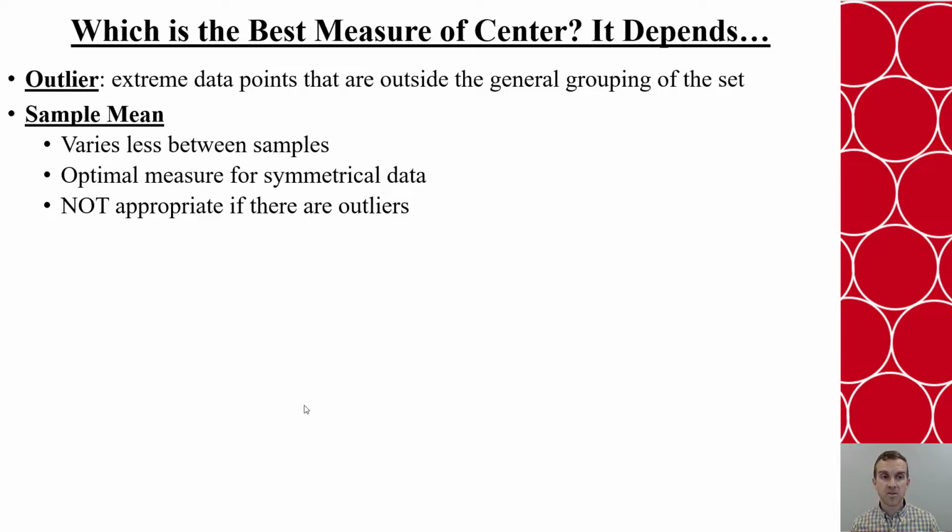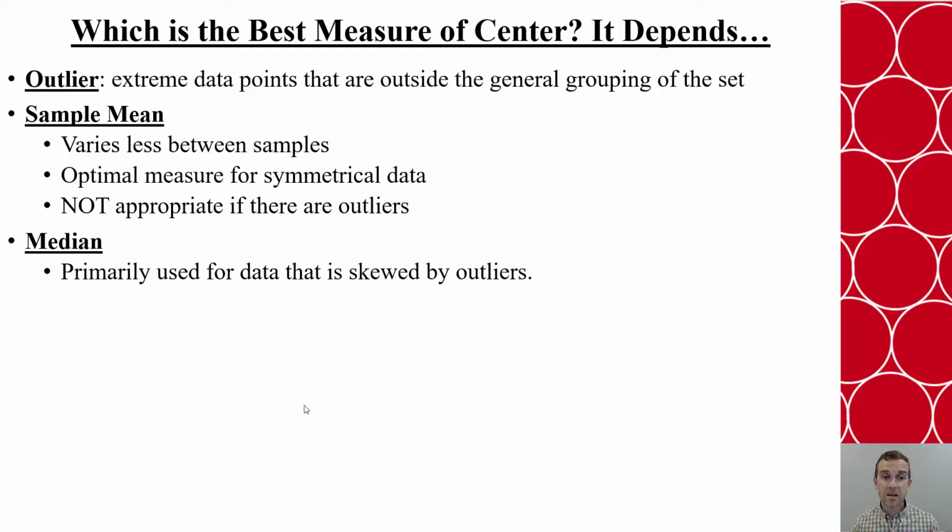If there is very little variance between the samples and the data is relatively symmetric and there are no major outliers, we would use the mean. So the key there is that the mean is not appropriate when there are outliers. The median will be used when our data becomes skewed by those outliers.